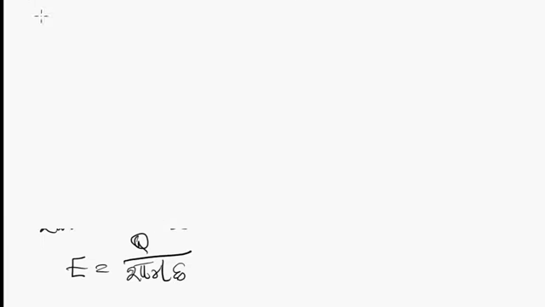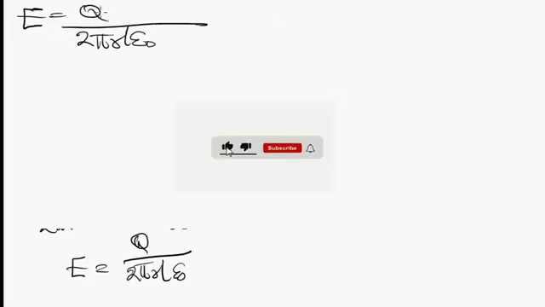Since I have my E to be Q over 2 pi RL epsilon naught, I can actually replace this with my linear charge density. How do I do that?